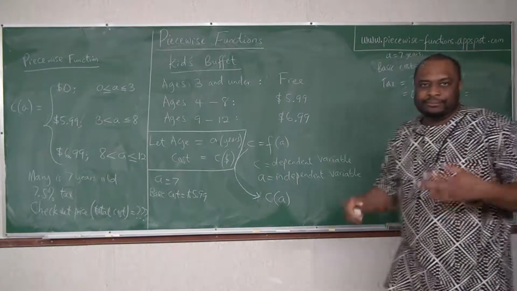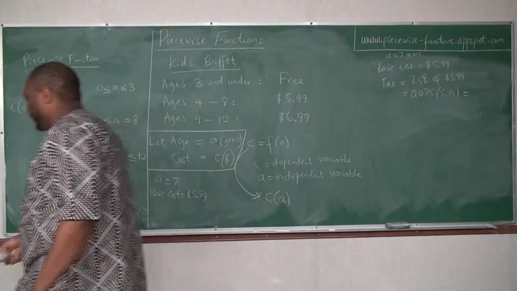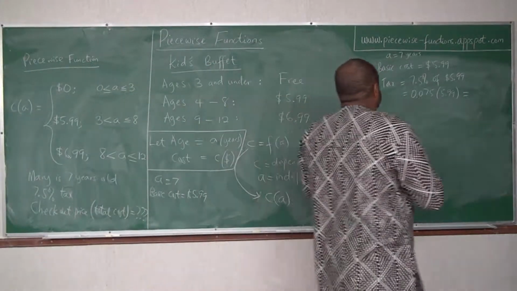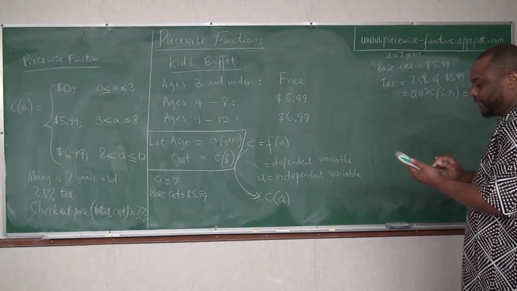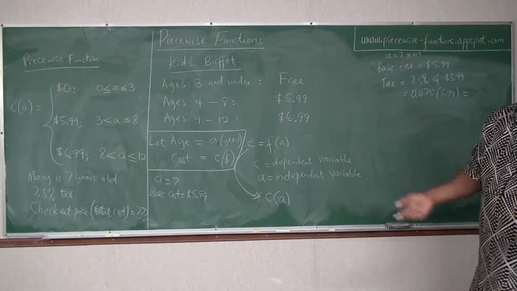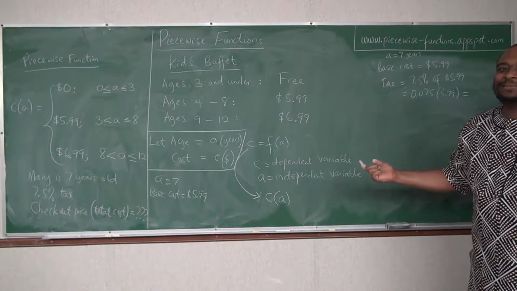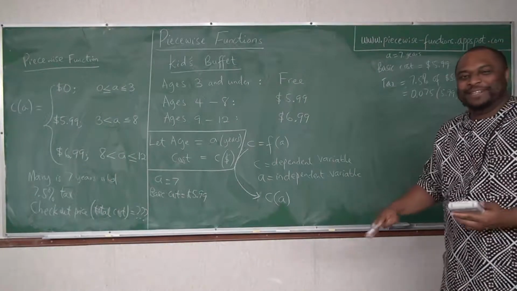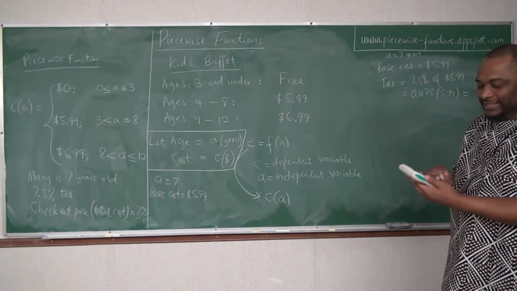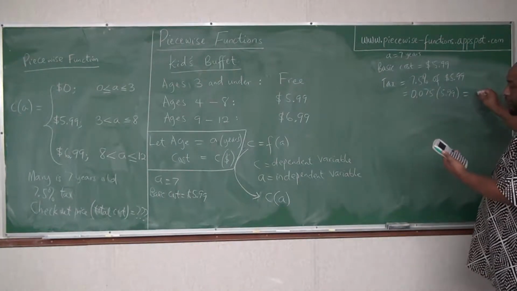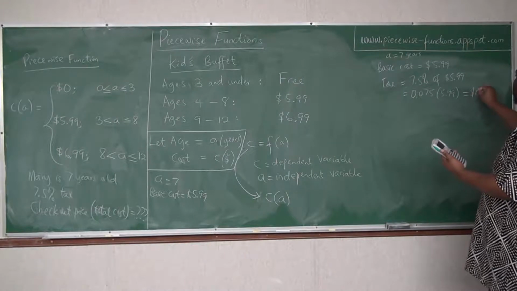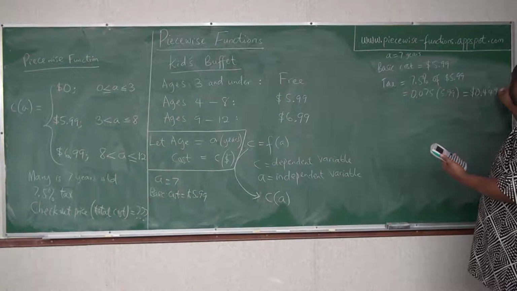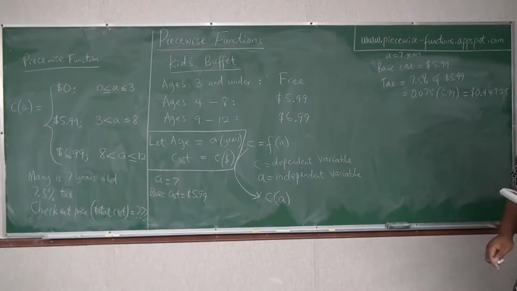Let's be fast, so let's use a calculator for this. So you do 0.075 times 5.99. Now I can do this without a calculator, trust me, I can, but let's reduce the time of this video. So this is 0.44925.